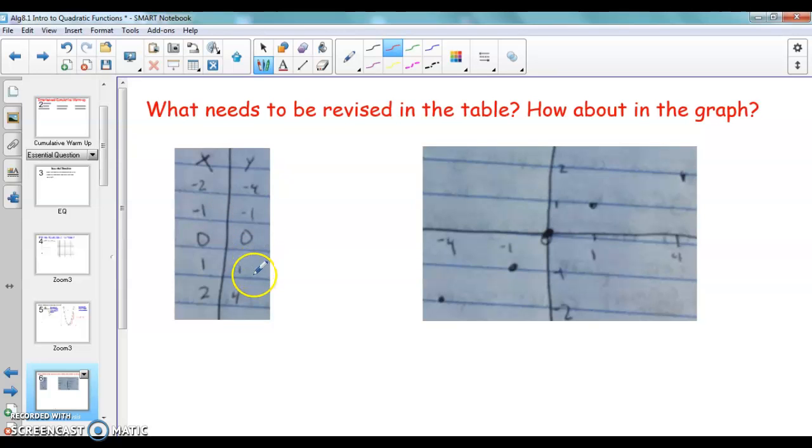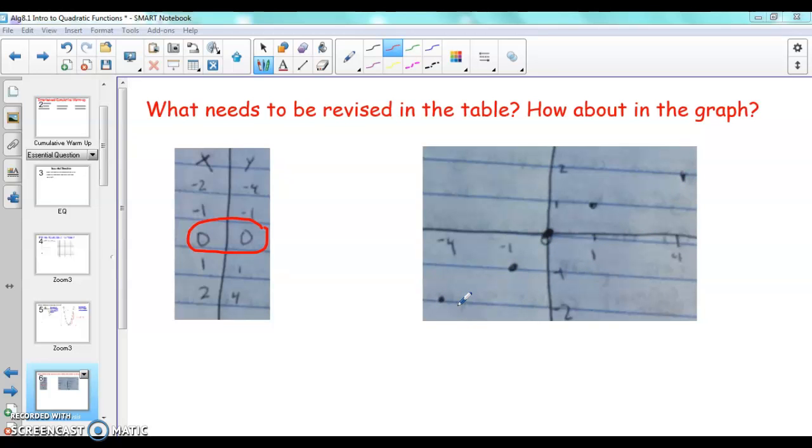So if your values do not repeat with respect to the vertex, which is normally the middle portion of your table, then you know that you have to go back and revise some of your values. Now looking at the graph, if you revise these values, definitely that will change the shape of the ordered pairs here if you connect them.